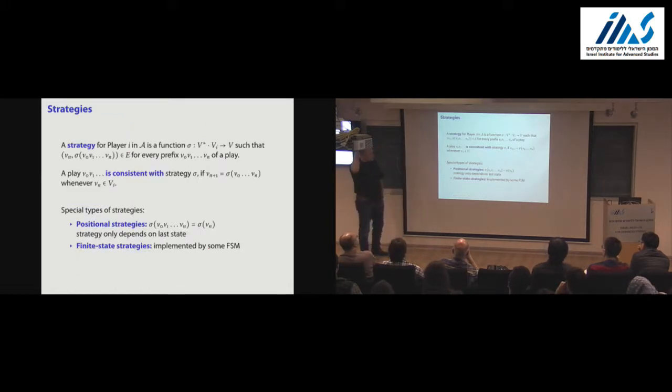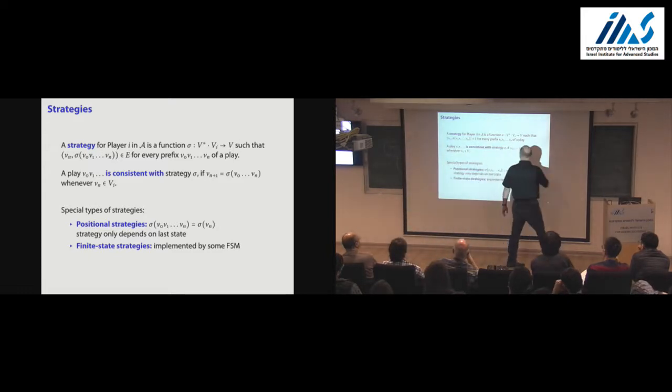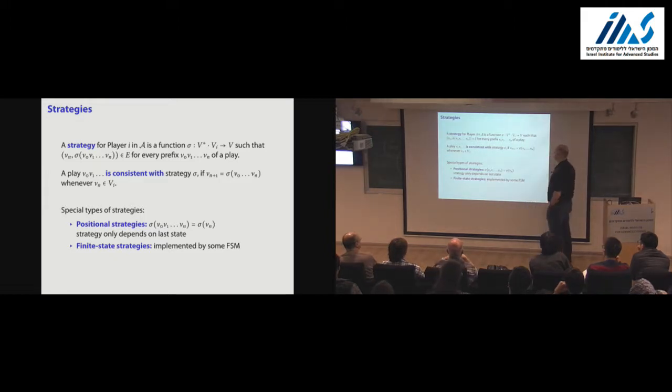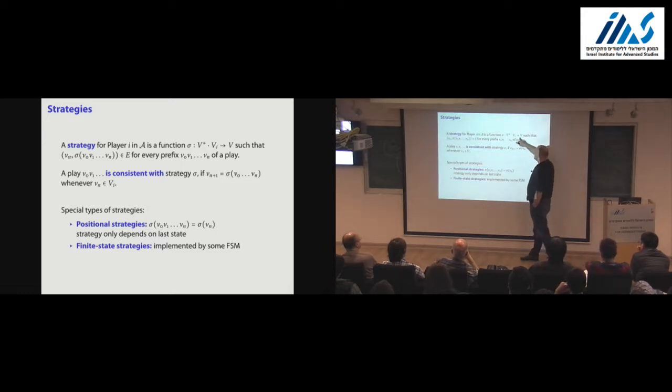A strategy for one of the players, so a strategy for player i in the arena, is a function that maps a finite history, that is a finite sequence of states that ends in a state owned by player i, and maps this history to a successor state, right? So the strategy needs to be such that it can actually be carried out.